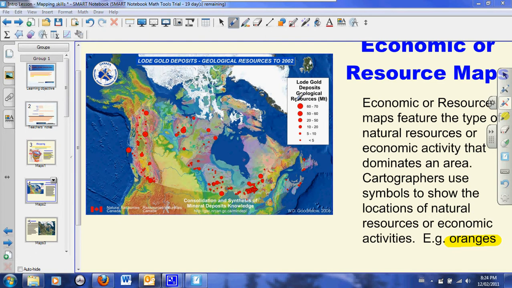If you take a look at the legend, the bigger the circle, the more gold deposits there are. Now, if we take a look at the actual map of Canada, we have three areas that show some nice gold deposits: Quebec, Ontario, and in this area here, pretty much most of BC, there's pockets of gold deposits. So someone can get rich.